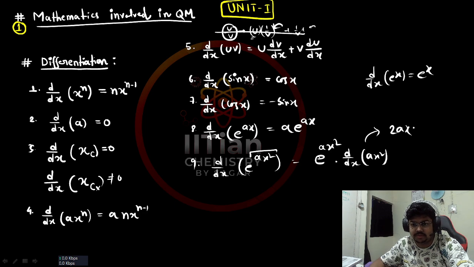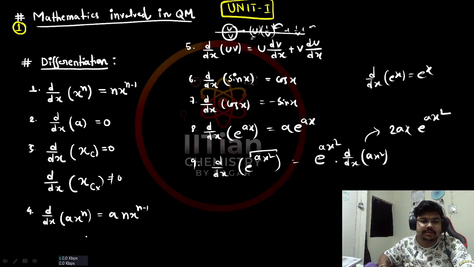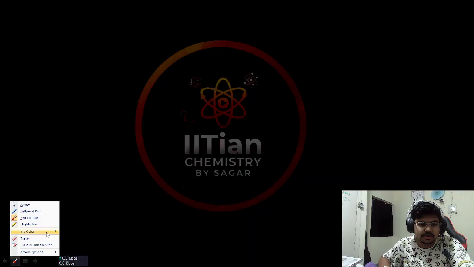So it is 2ax into e to the power ax square. Okay, so these are the basic formulas of differentiation that we are going to use.